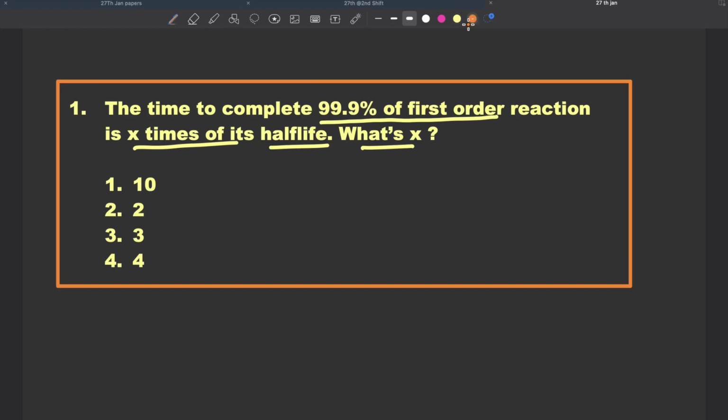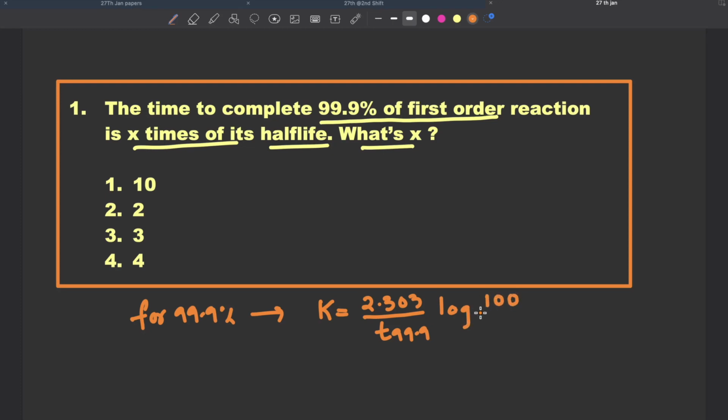So for 99.9%, I'll write the value of k. k equals 2.303 over t into log of the initial concentration, which is always 100, over 100 minus 99.9, that is 0.1.